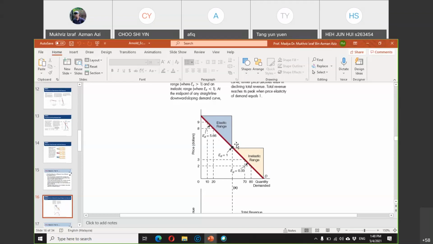When linear, the slope or the gradient will be constant. Elasticity is not the gradient. How do you measure gradient? Gradient is not elasticity, because elasticity is the percentage change in quantity divided by the percentage change in price.